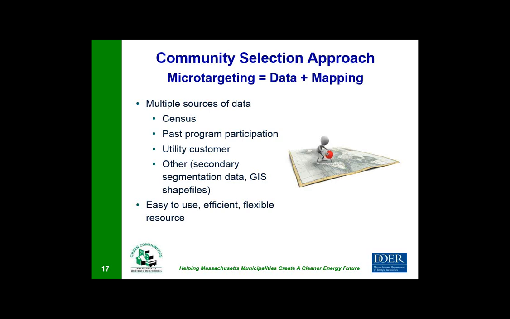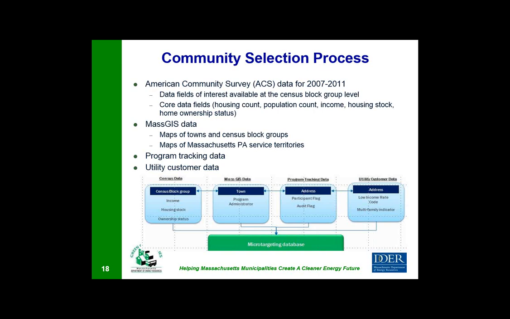The data sources we used included census data, past program participation data, segmentation data, geographic sources as well. And we relied on all these data sources to combine them and create a fairly large and flexible database that we could analyze to help us with the community selection process. And this slide essentially just shows a nice summary of those data sources and how they all came together.